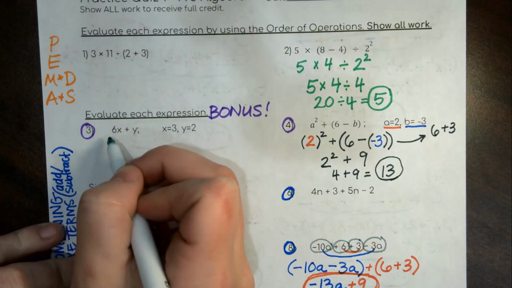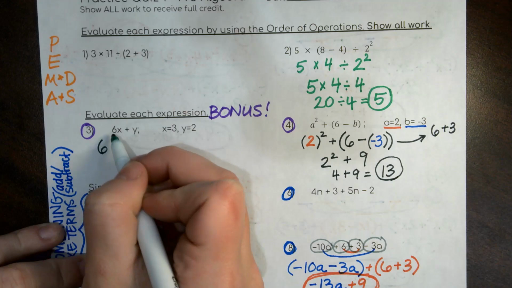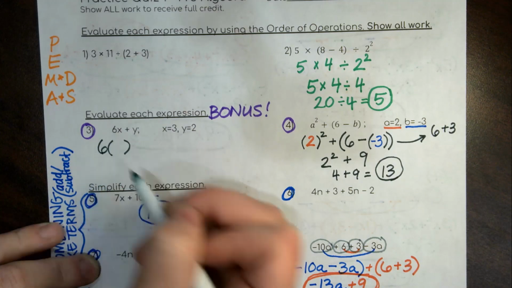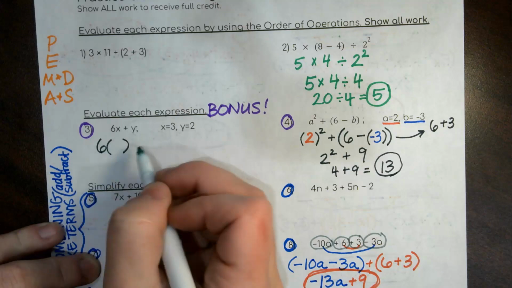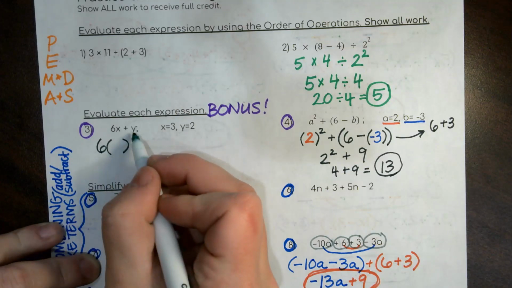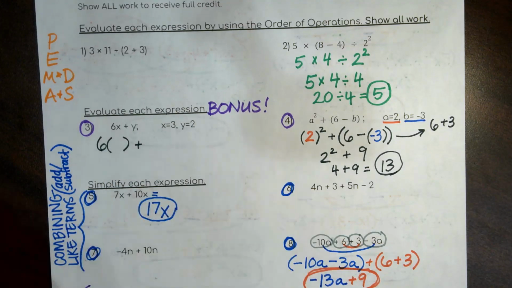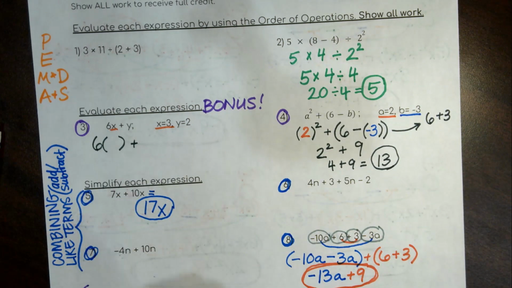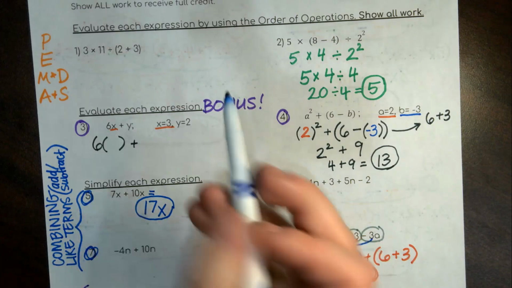So I have 6 times X, so I'm going to leave a slot open for my X value, plus Y. So I'm going to make my X red and my Y blue.